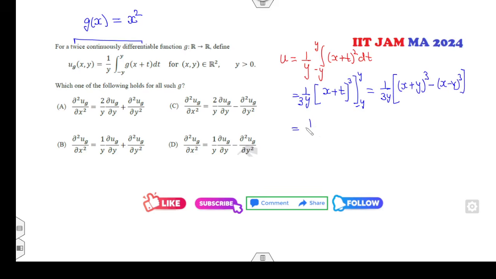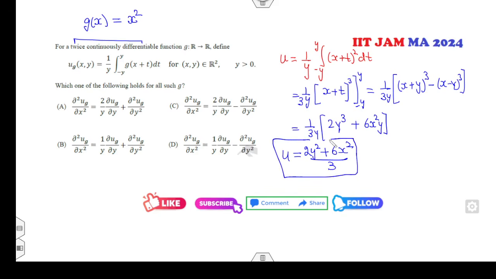So if you open this bracket, a cube, x cube will be cancelled, 2y cube plus 3 3 6 and so on. तो आपका ये कितना हो गया आपका? It's y, 2y square plus 6x square divided by 3. That is my u. Fine.